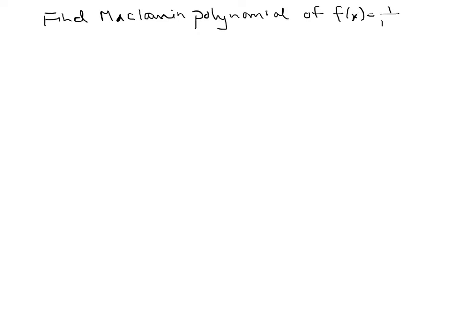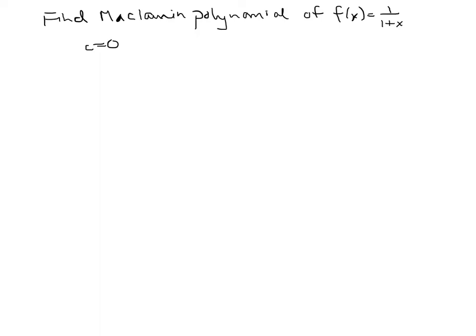Next example, let's find the Maclaurin polynomial of f of x equals 1 over 1 plus x. Maclaurin means c is equal to 0.